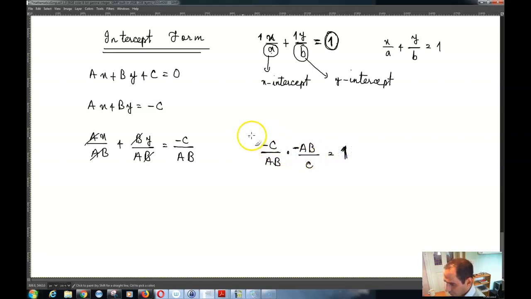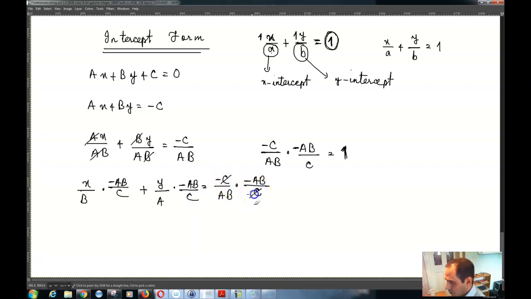So I will multiply x over b by negative c over ab, and y over a multiplied by negative c over ab, and the factor has to be negative ab over c.